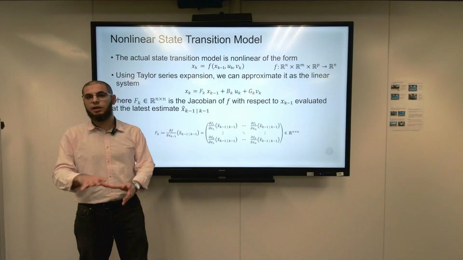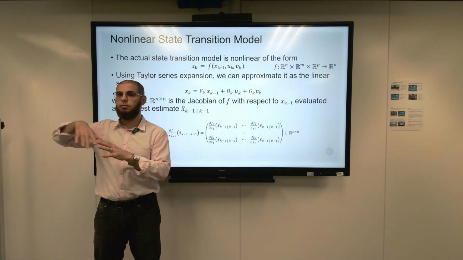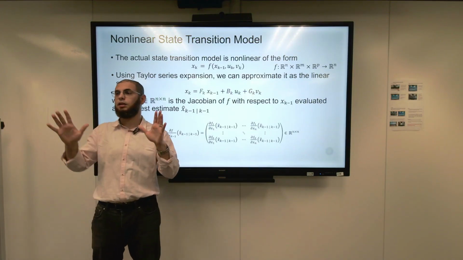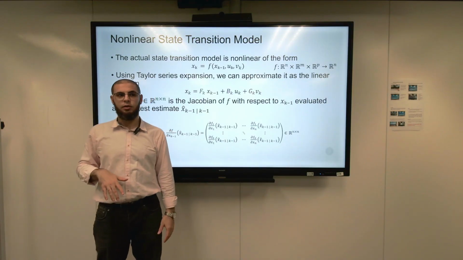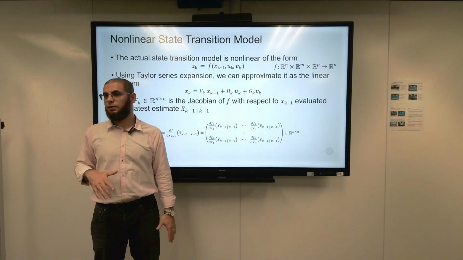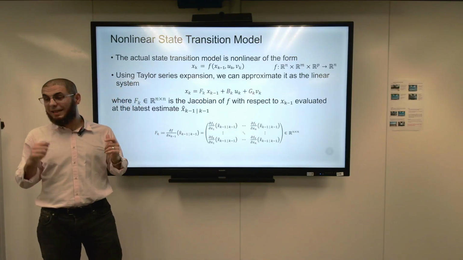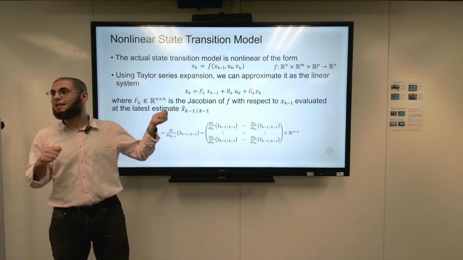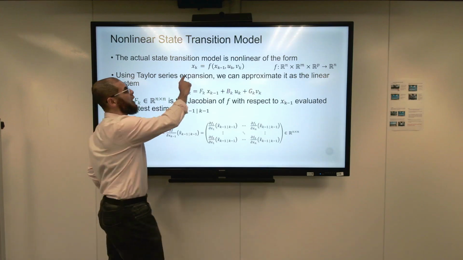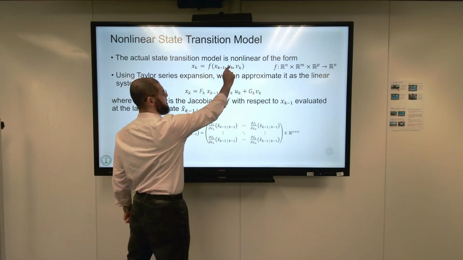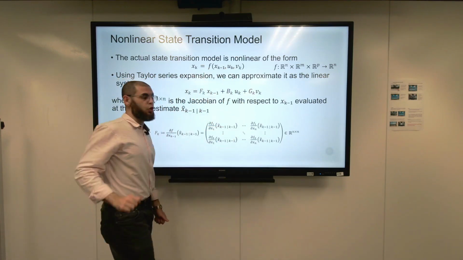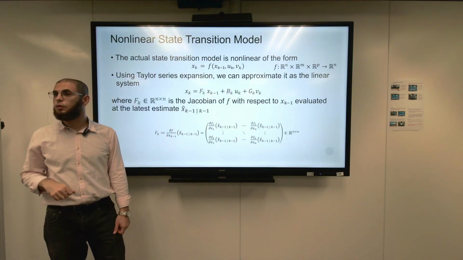So I have sines and cosines, and square roots, and squares and quadratic functions, and so on and so forth. Okay? So everything is very complicated there. What the extended Kalman filter would do is that it uses this Taylor series expansion to approximate this equation by that equation. So it's only approximately. Okay?